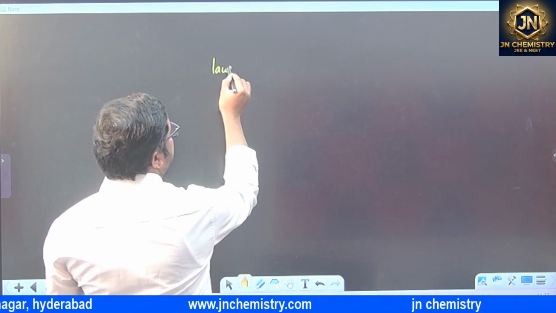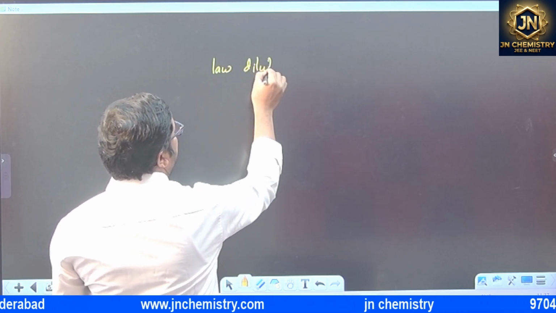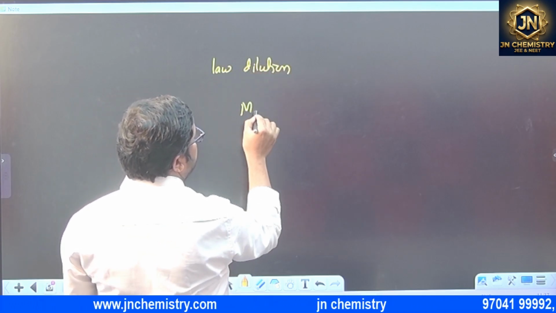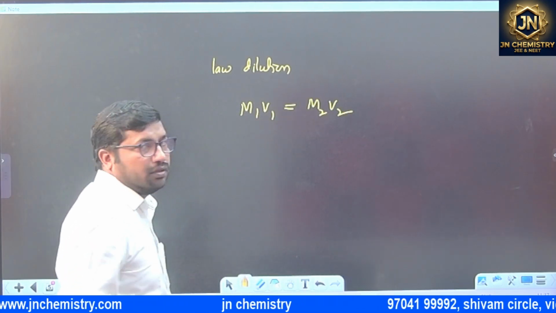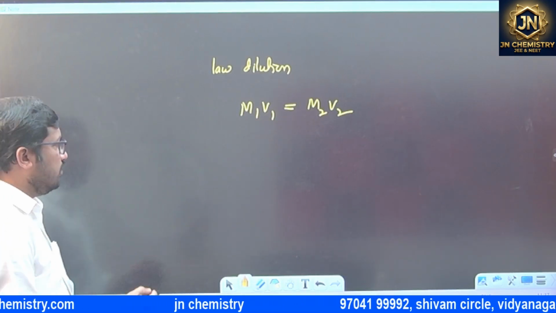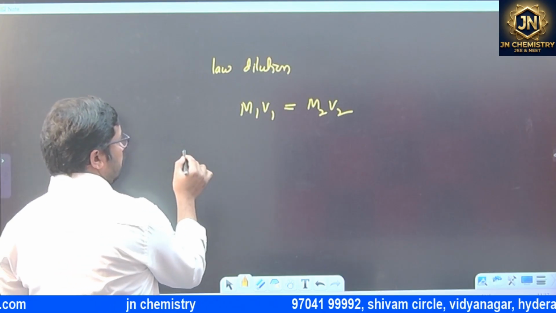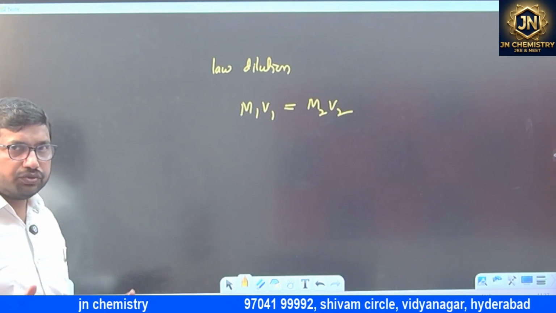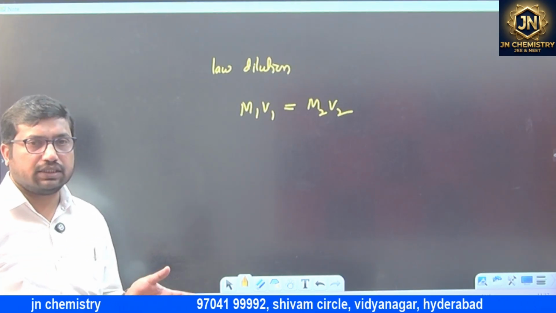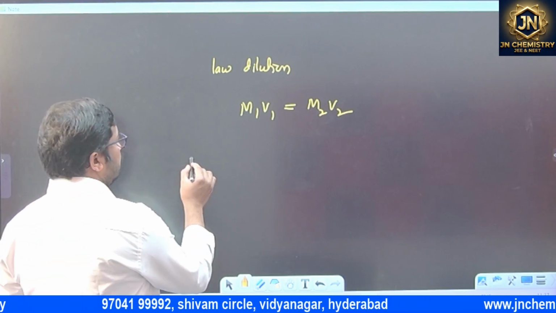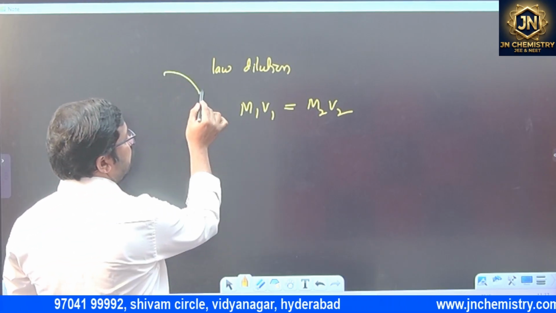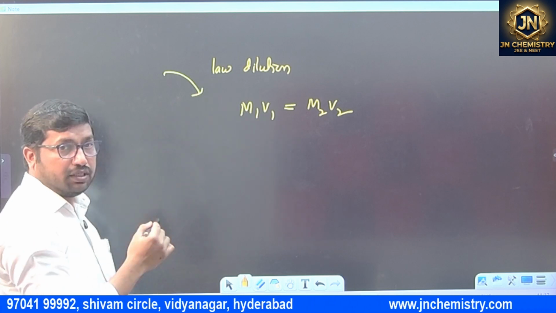Law of dilution: M1 V1 is equal to M2 V2, right? For example, if you are mixing two mixtures of the same substance with different concentrations and different volumes. This law of dilution means adding water.